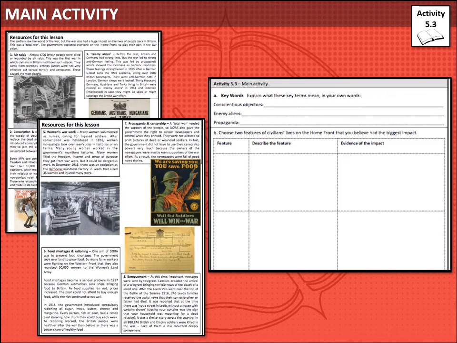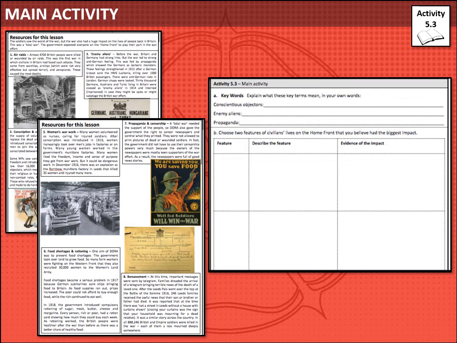The next task that you need to do is you need to decide 2 features that you believe had the biggest impact on civilians' lives during the First World War. So that is from your 8 boxes that you've just read through on air raids, conscription and conscientious objectors, enemy aliens, restrictions, women's war work, food shortages and rationing, propaganda and censorship, and finally bereavement.